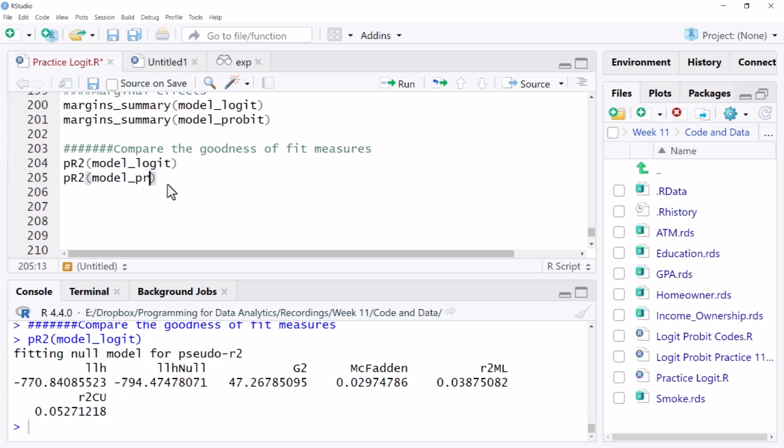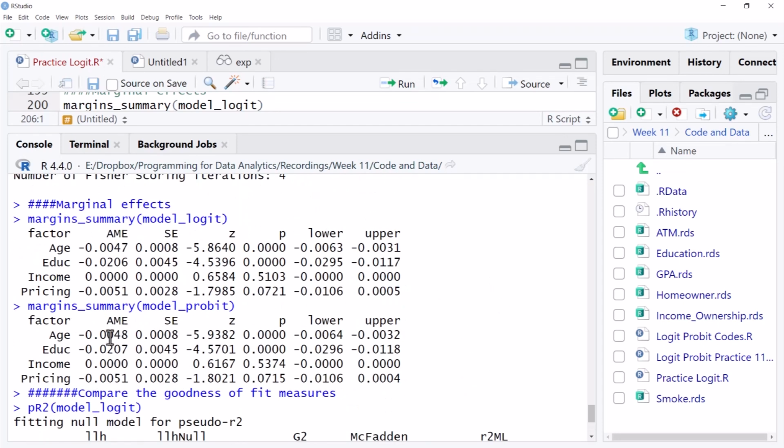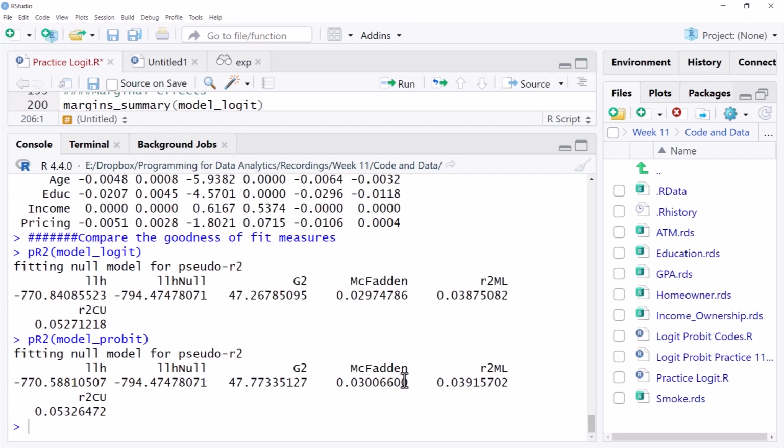Let's compare the performances. So in terms of goodness of fit, we can see the R square values are quite close. Pseudo R square around 3% and log likelihood values around 47. So it's very similar. In these kinds of exercises, what is more important is the significance of these variables. These are generally values like McFadden's R square and so on. They are important when you are comparing two models.